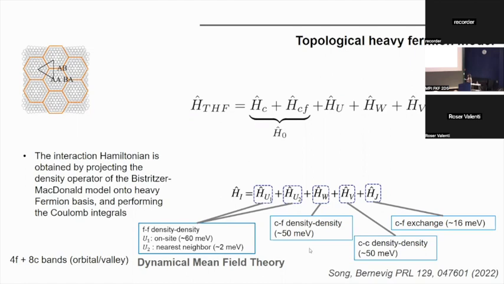One of the best ways to do that is to treat these terms at the mean field level, and to treat the FF density terms, the Coulomb repulsion of the F orbitals, dynamically. That means you have two self-consistent equations that you solve together.